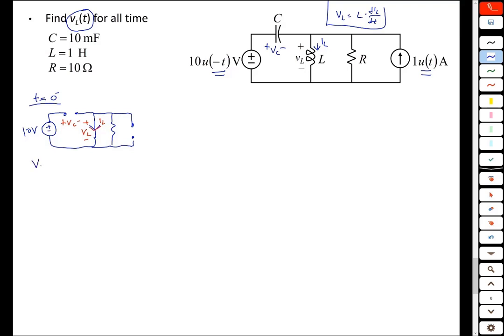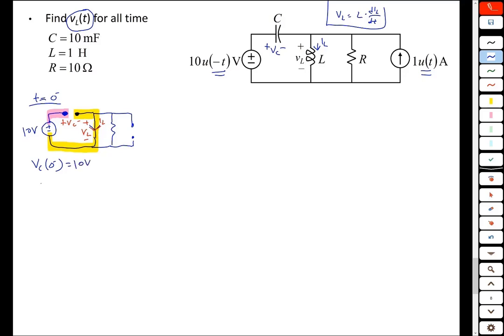So VC of 0 minus, well, the voltage at this terminal is going to be 10 volts higher than the voltage at that terminal, because basically you have the negative terminal of the 10 volt source tied in directly to that, and the positive terminal of the 10 volt source tied to that terminal. So VC of 0 minus is 10 volts.